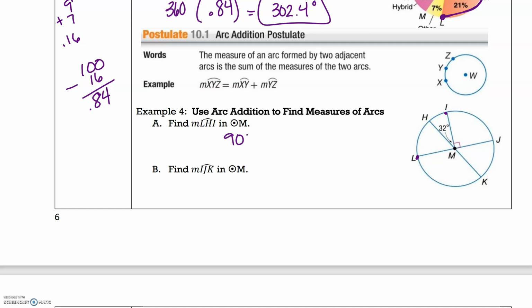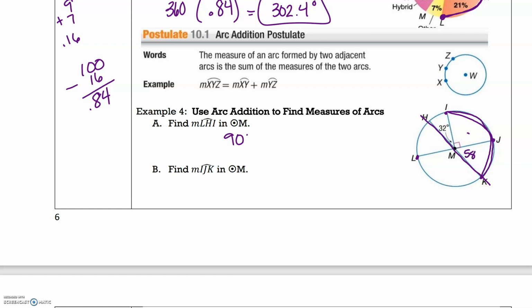So the next one is I to J to K. And so I can see my semicircle right here, but we just have excluded the 32. So we know that 32, 90, and this one have to add up to 180. And so if we subtract our 90 and our 32, then we know that this is 58.